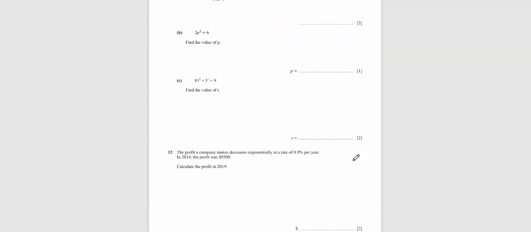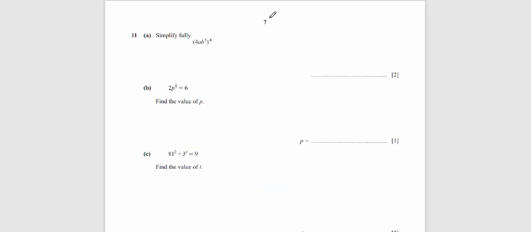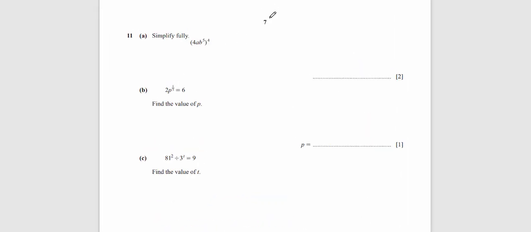And then let's look at number 11. We have to simplify fully. This one is about indices. So we have 4ab^5 in brackets, to the power of 4. If they have a bracket to the power of 4, it means all the terms inside you have to power it.